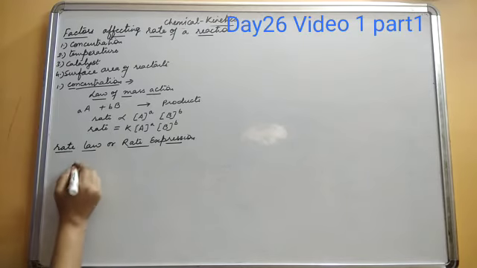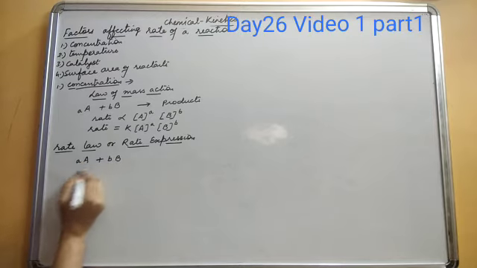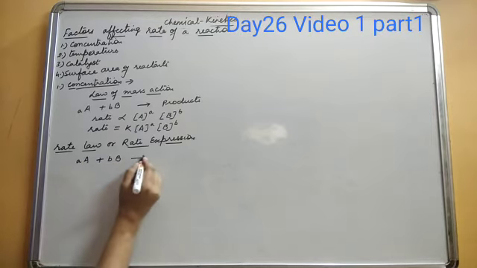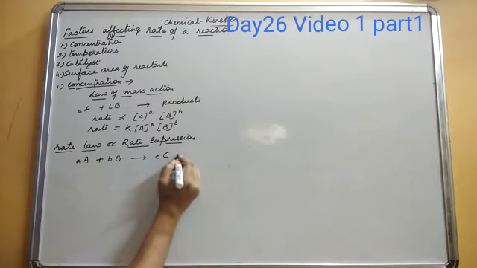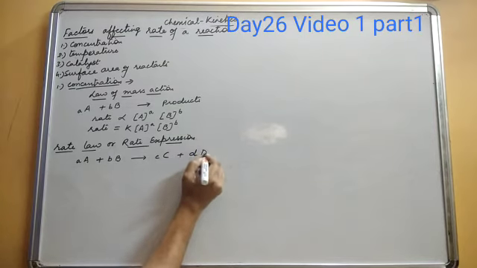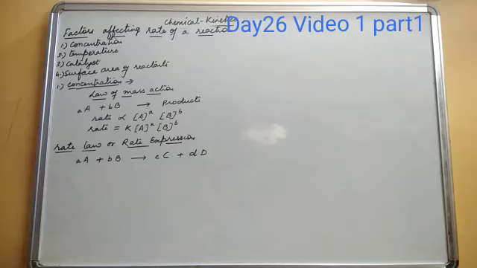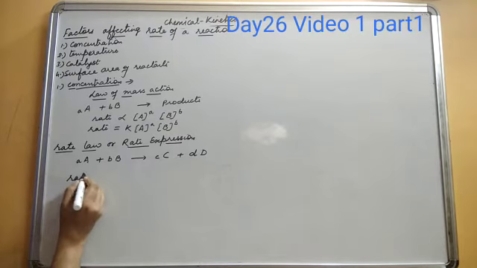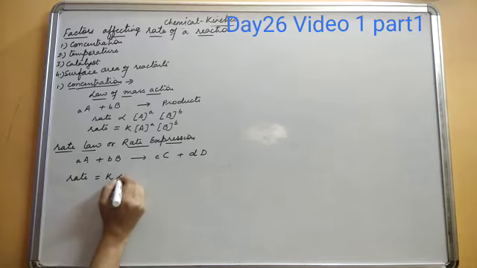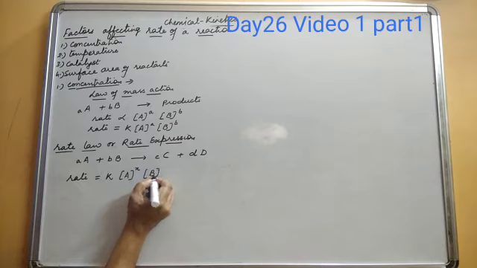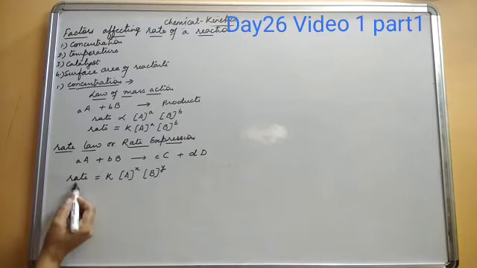So according to rate law, for the same reaction, a moles of A and b moles of B, they are combining to form products, or maybe we can write c moles of C and d moles of D. Their rate we can write down, rate equal to K [A]^x [B]^y. Here x and y I have written because not necessarily rate depends on A and B. It may depend on A and B or it may not depend.